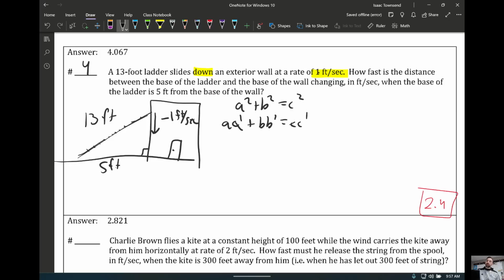Okay, so this side has to be C. Hypotenuse has to be C. The other two are A and B. Just pick one to be A, one to be B, doesn't matter. So I know A is 5. I don't know A prime. That's actually what we're trying to solve for here.